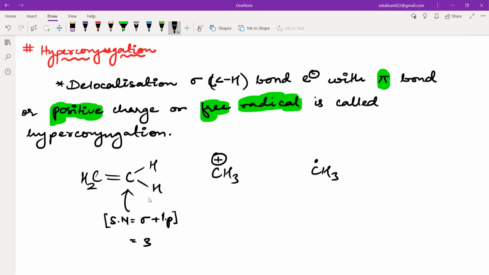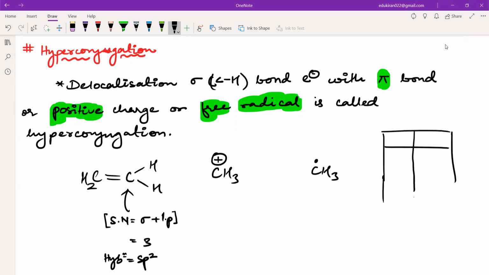So what will be the hybridization? sp2. Please don't forget hybridization, guys. Listen, at least remember these. If the steric number is 2, it is sp.